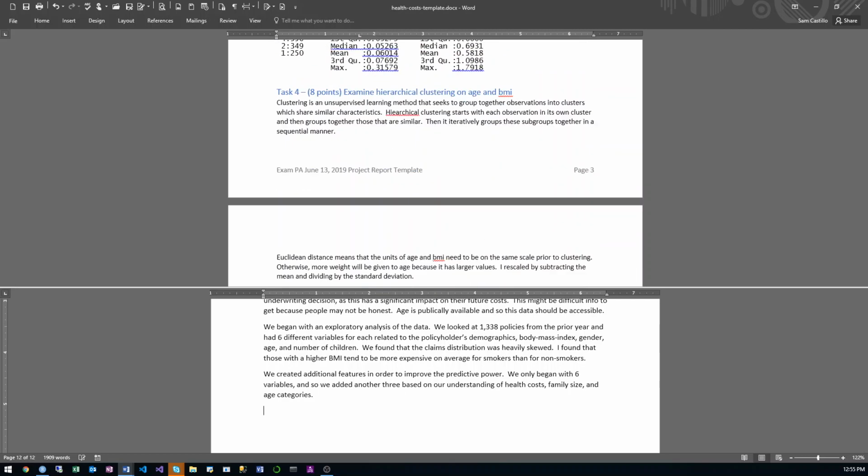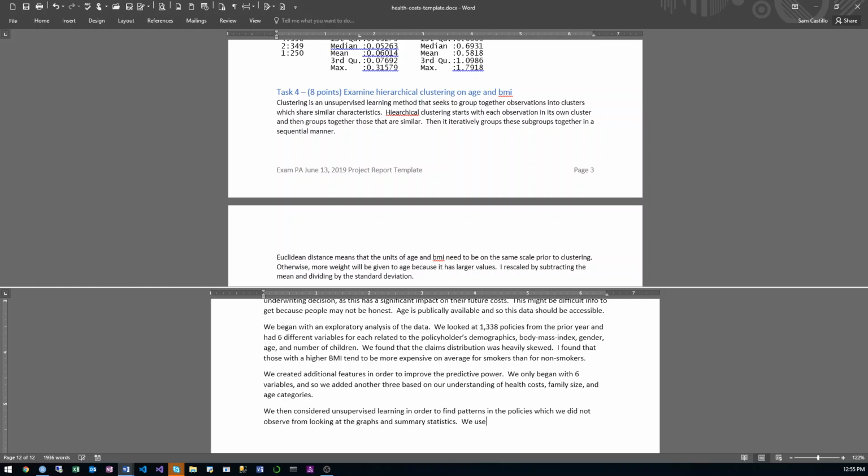We then considered unsupervised clustering methods. I'll just say unsupervised learning in order to find patterns in the policies which we did not observe from looking at the graphs and summary stats.